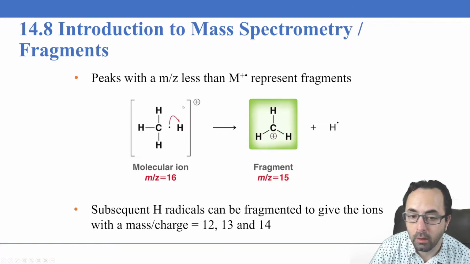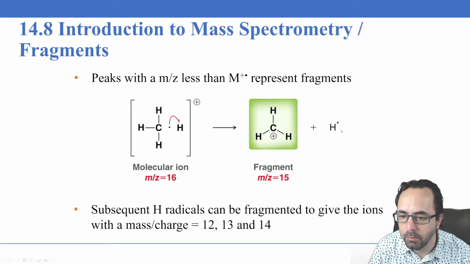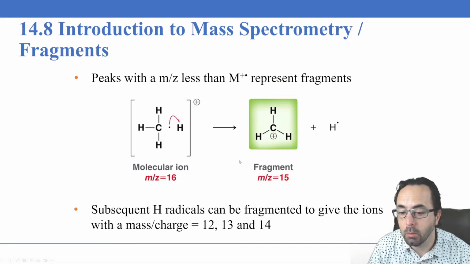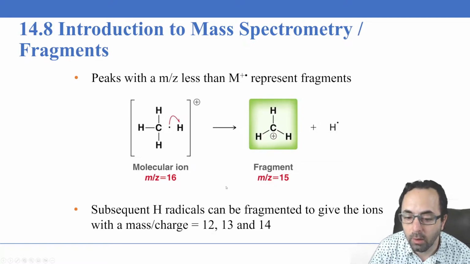So this is the molecular ion that had m over z of 16, but then it fragments, and here we have a hydrogen atom radical, it only has one electron, and then we get the methyl carbocation. This is the one that weighs 15. And so that's why we see a fragment that weighs 15.